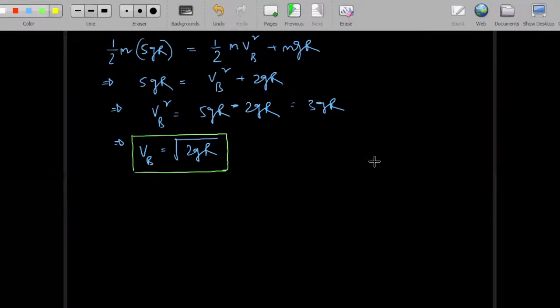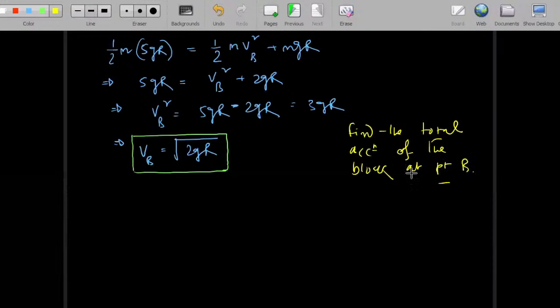Now there is a very interesting point to be discussed here. Suppose they ask you to find the total acceleration of the block at point B. Varun? Sir, root under 3gr. Root under 3gr. Now find the total acceleration of the block at point B. So let us see the track.